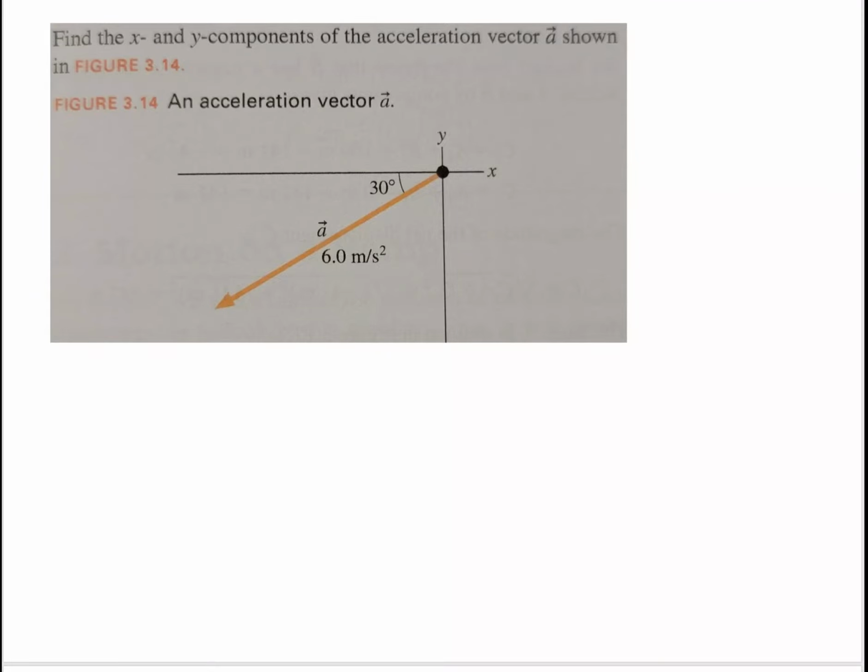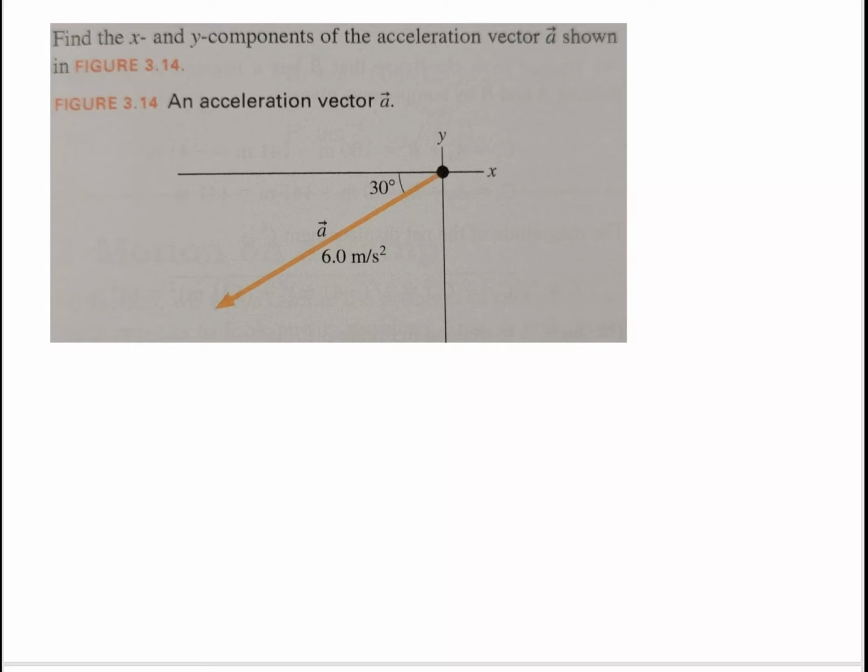All right, so we're going to practice. We want to find the x and y components of the acceleration vector A that's shown here. So what are we going to do?